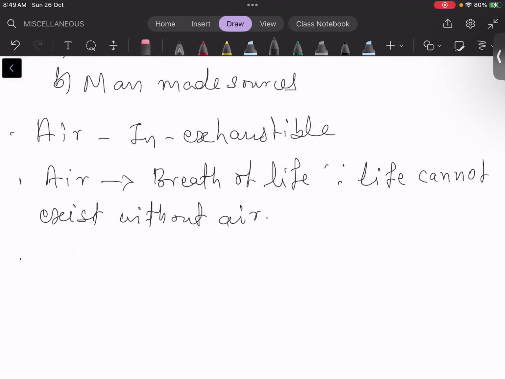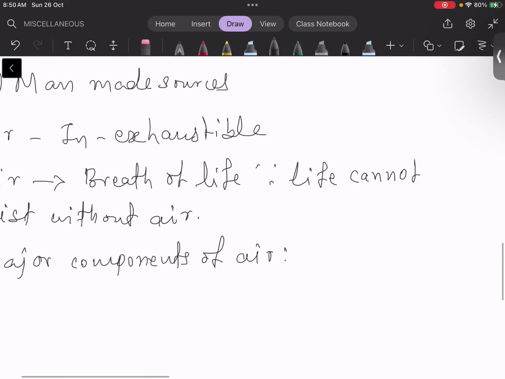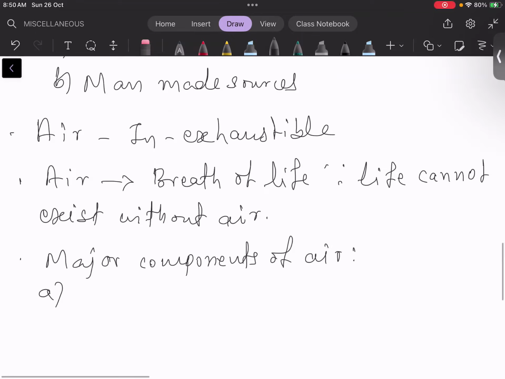Now, what are the major components of air? Nitrogen, oxygen, water vapor, then other gases, argon, carbon dioxide, etc. How much percentage of nitrogen is present in air? 78%.